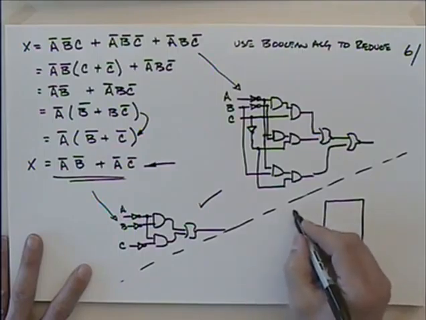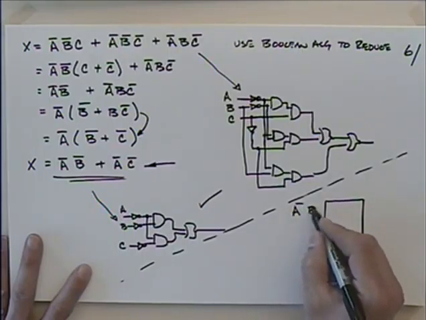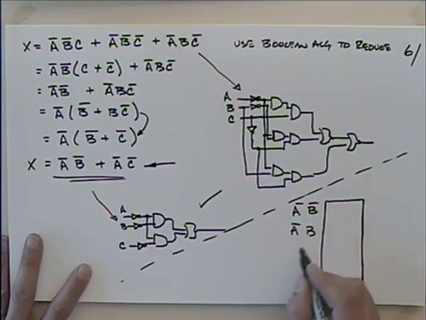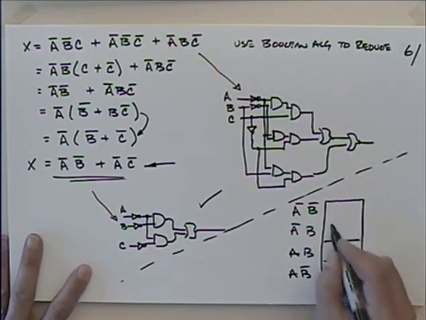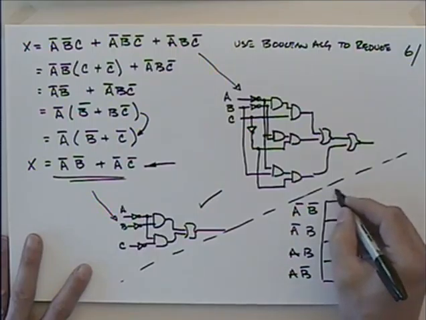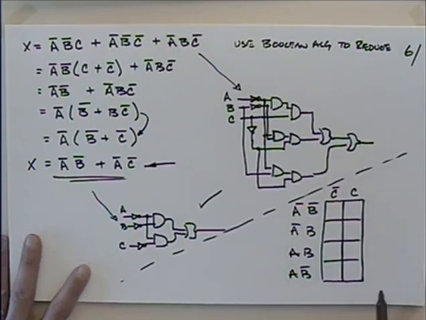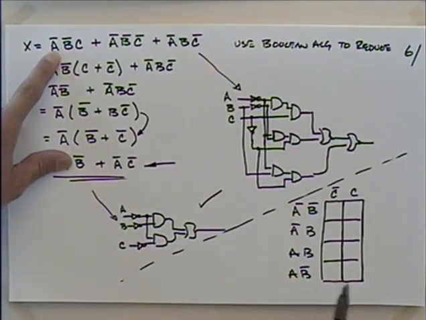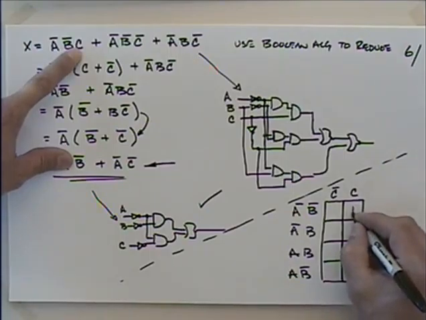Okay, and here would be my not A, not B. Here would be my not A, B. Here would be my A, B. And here would be my A, not B. And then we need our last, which is going to be C, so I'll have my not C and my C. So if I go up here with what I'm given and fill in the box, I have not A, not B, and then C, so I'm going to put a 1 right there.